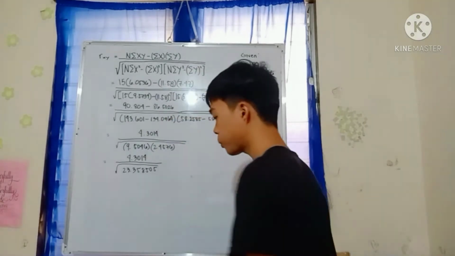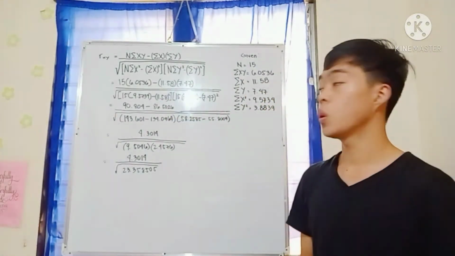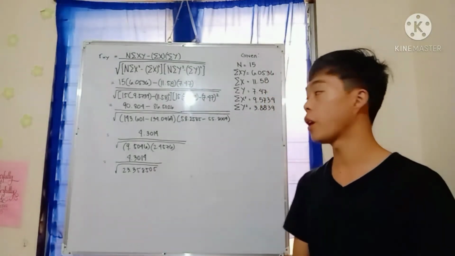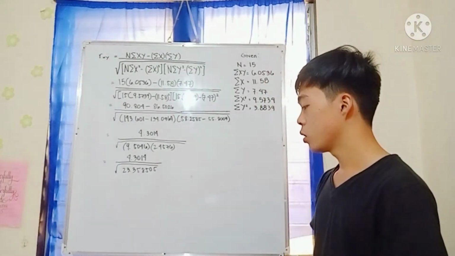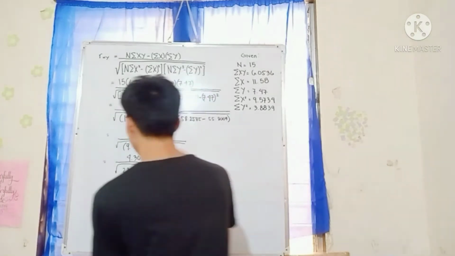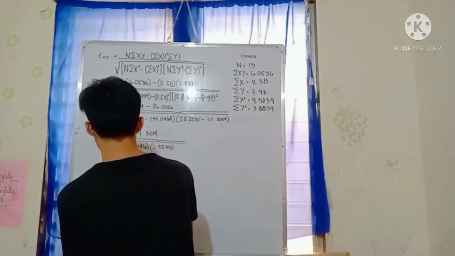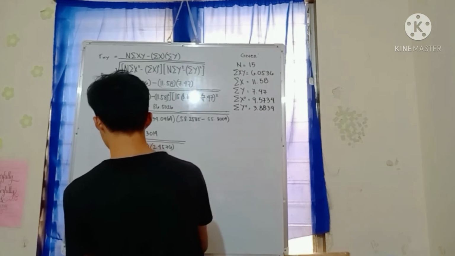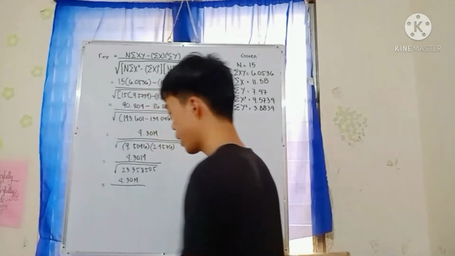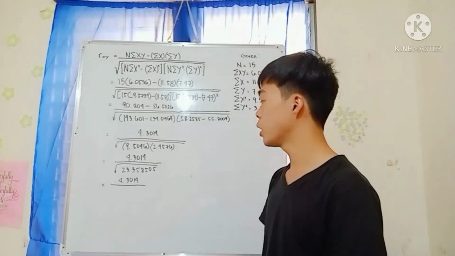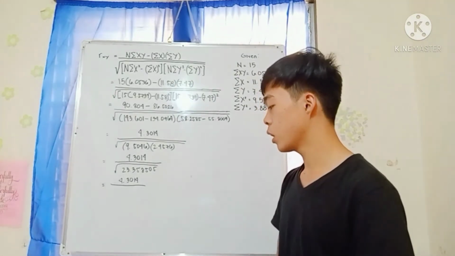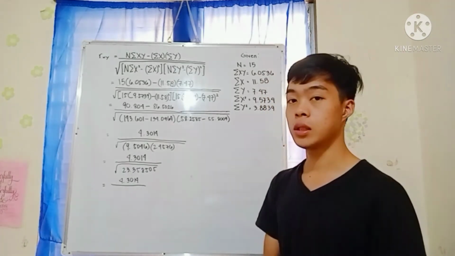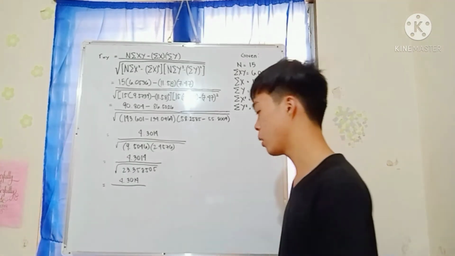After that, we will get the square root of 23.358505. So we copy 4.3014 over the square root of 23.358505, which is equal to 4.83306373.